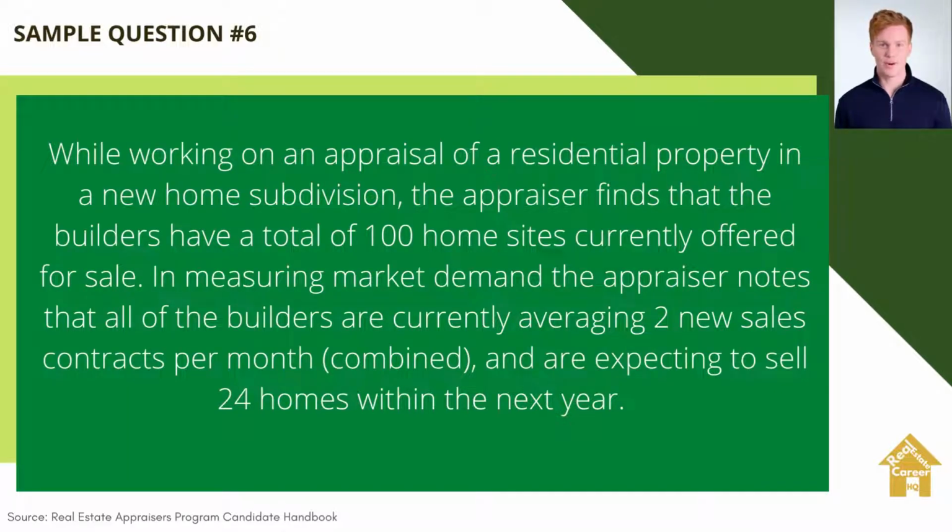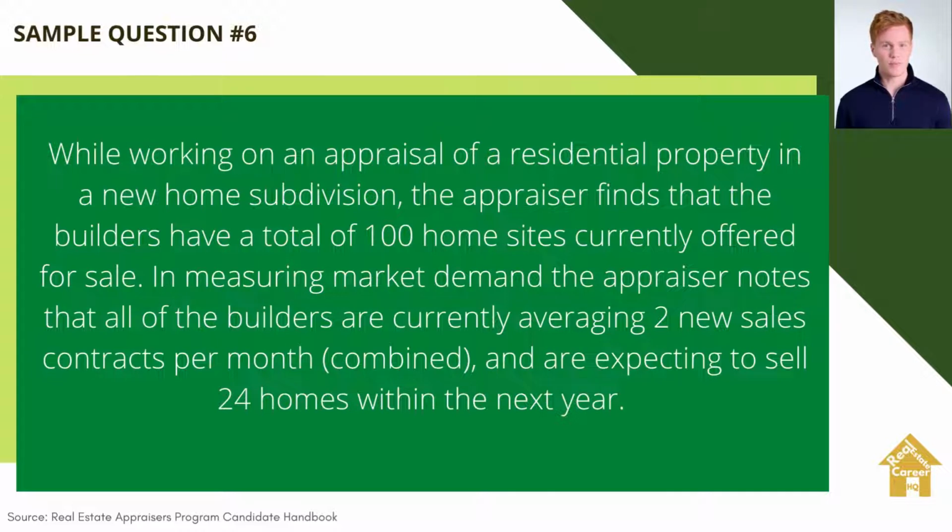While working on an appraisal of a residential property in a new home subdivision, the appraiser finds that the builders have a total of 100 home sites currently offered for sale. In measuring market demand, the appraiser notes that all of the builders are currently averaging 2 new sales contracts per month, combined, and are expecting to sell 24 homes within the next year.